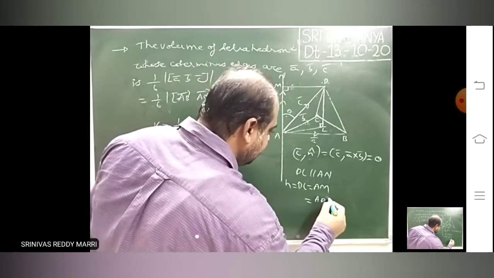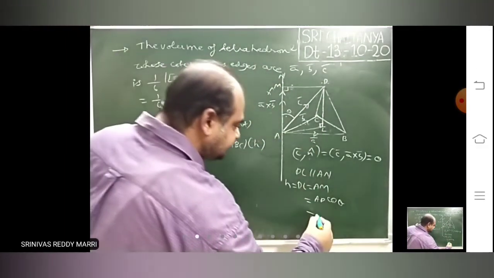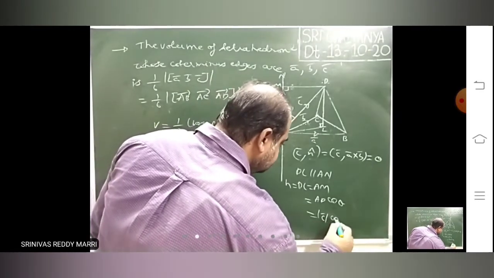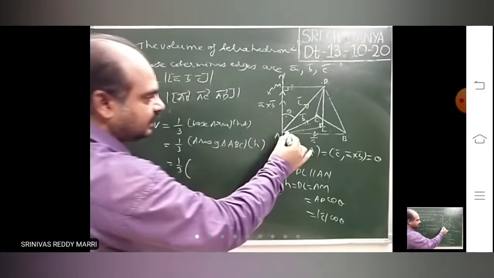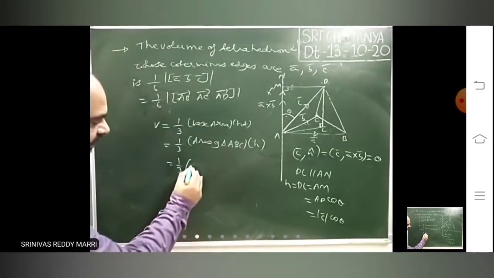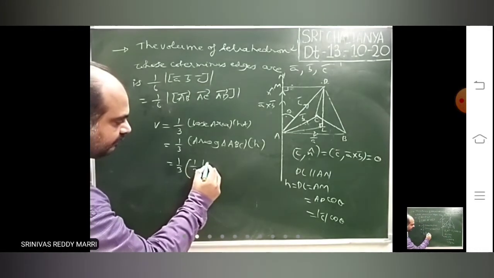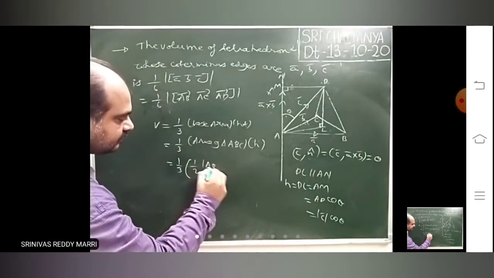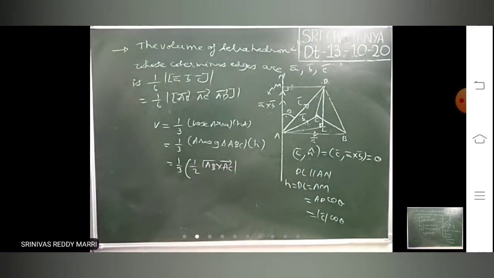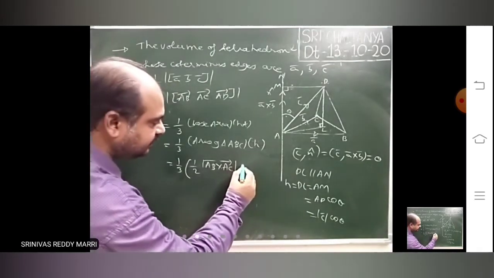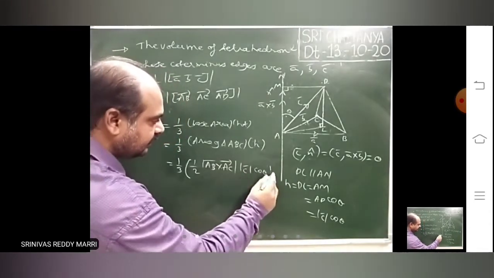That means AD cos theta, that is modulus C bar cos theta. So 1/3 into the area of triangle ABC, half into modulus of AB bar cross AC bar, into modulus C bar cos theta.